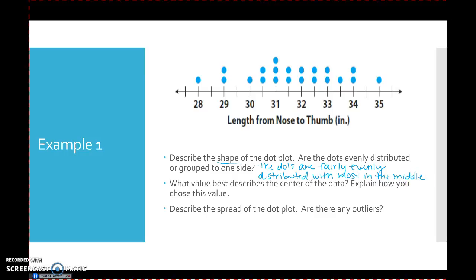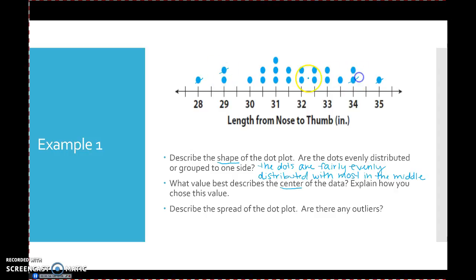Okay, so now it says, what value best describes the center of the data? So the center is going to be the median, or where there's the same number of dots on each side. So what I'm going to do is go ahead and cross it out, one on the left and one on the right, and work my way in.